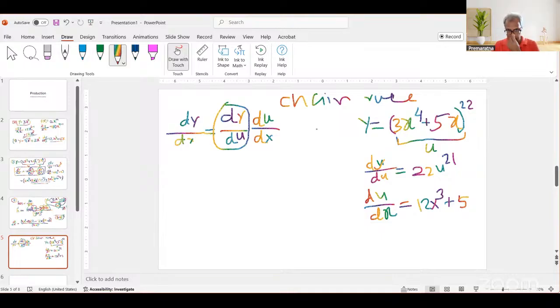Now you can reduce here. The first part 22, then here comes the u, u means 3x to the power 4 plus 5x, and to the power 21.